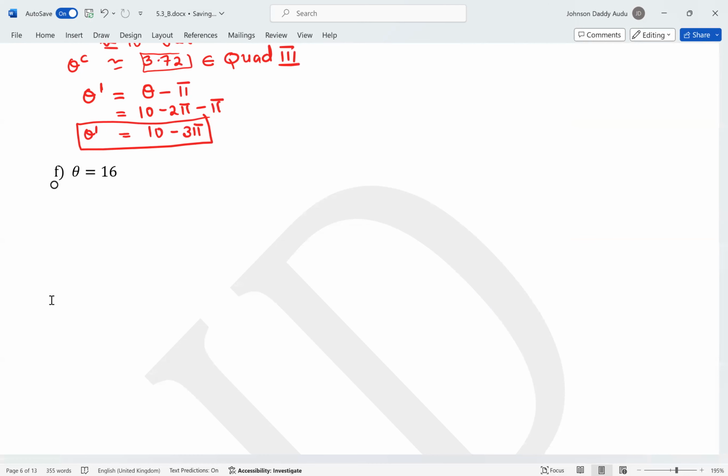For F, what we can do is also we test. You can see that 16 is greater than what? 16 is also greater than 2 pi, because we are still using 2 pi, which is approximately 6.28.